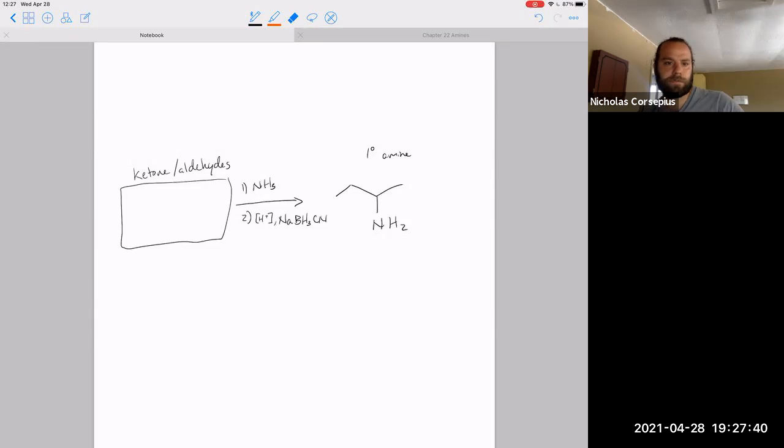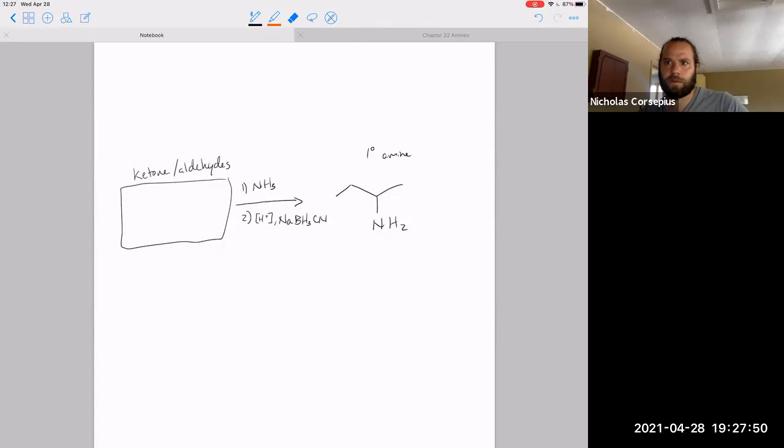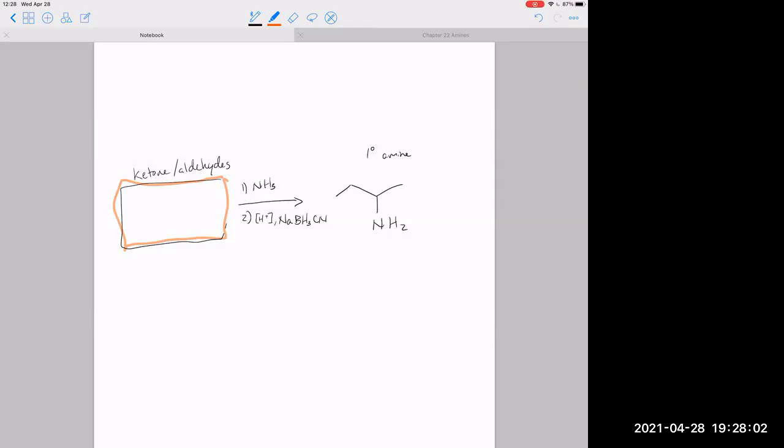Anybody? Let me get a guess. Sorry, I didn't see the chat. What ketone or aldehyde will we need for this step here? Is it 2-butone?